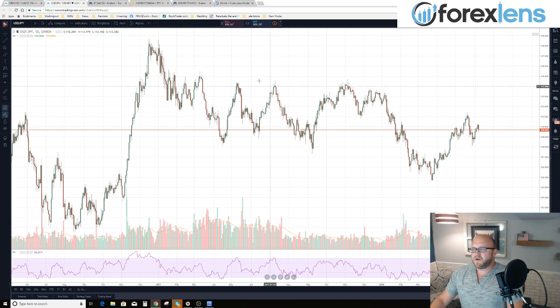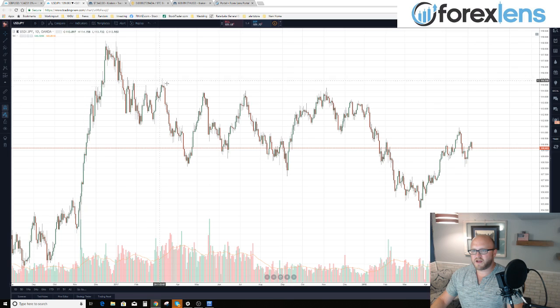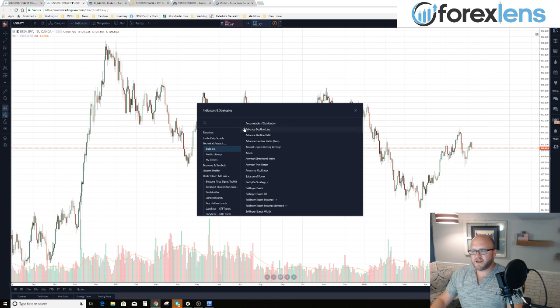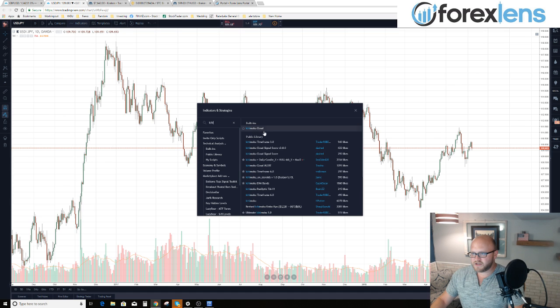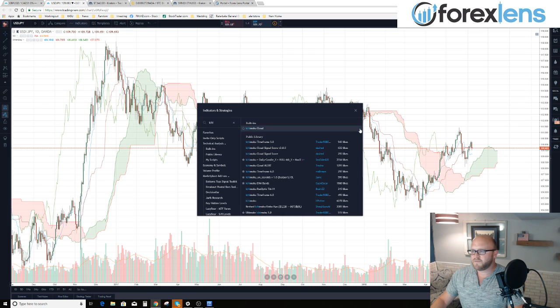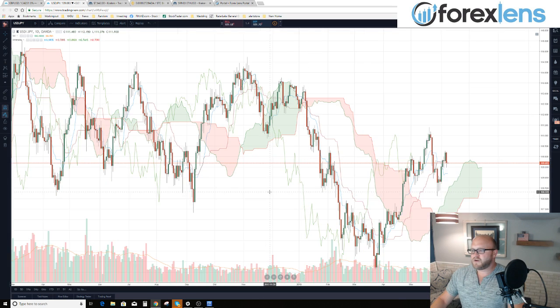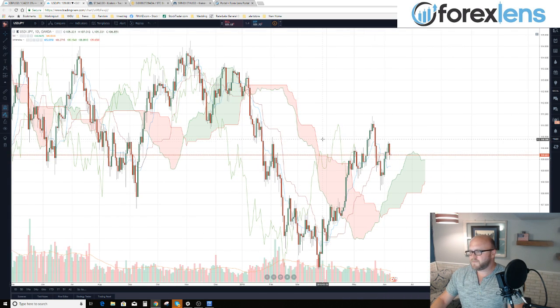Very easy. I just have a new chart here, nothing on it, and I go to indicators, and if I type in ICHI, I look for Ichimoku Cloud. Then this goes on our screen here. Now, the default settings are fine. There's nothing wrong with that. It's just that the colors or the length of the lines or the width bother me a little bit.